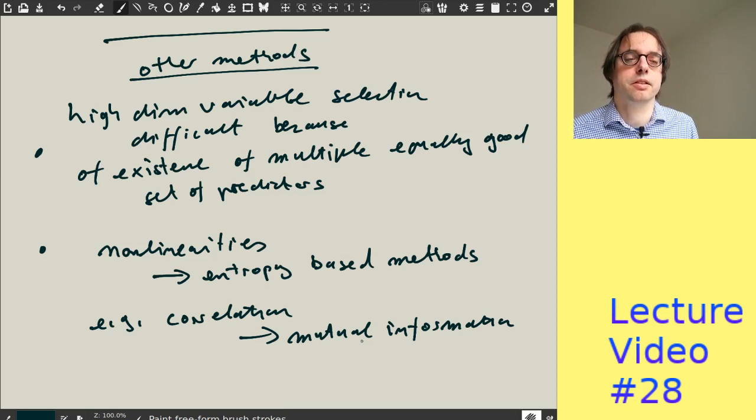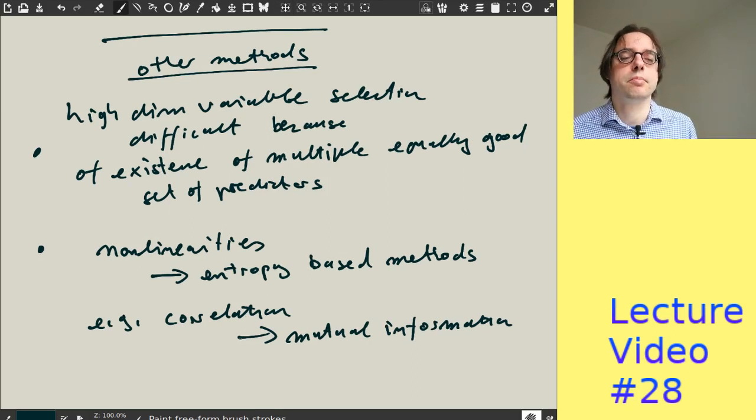That's where you'll learn about these things. So in short, what a lot of people are doing in settings that do not fit into a linear model very well is to use entropy-based methods, in particular based on mutual information, to select variables that are good for predicting and also good for fitting the model to the present data.